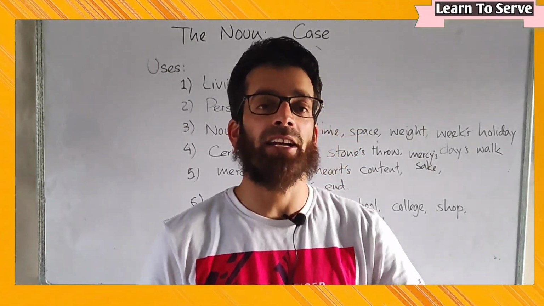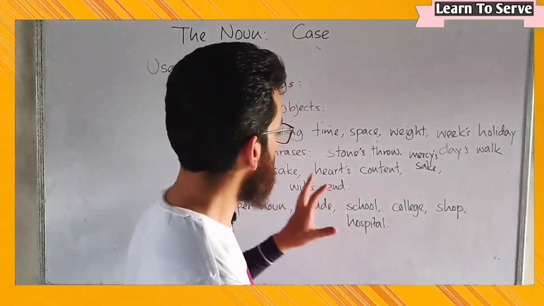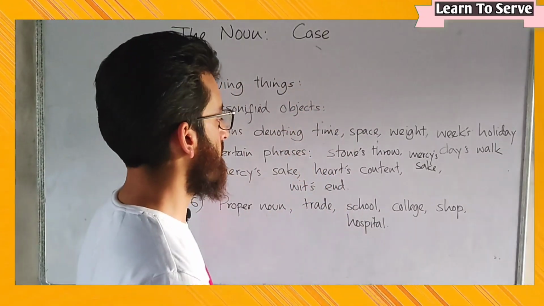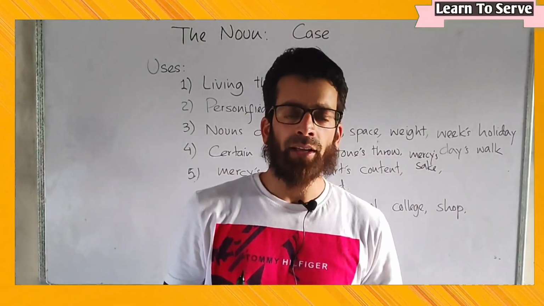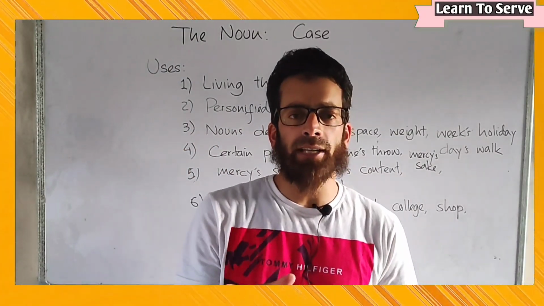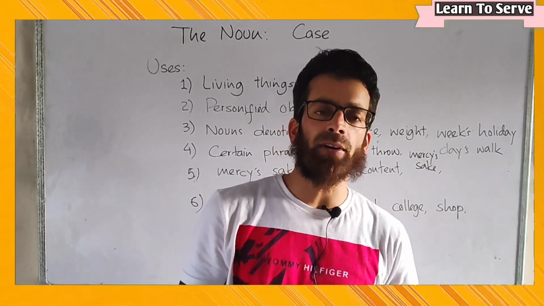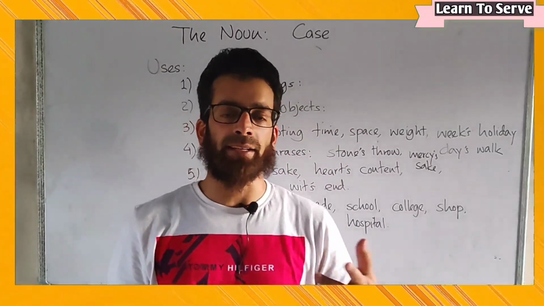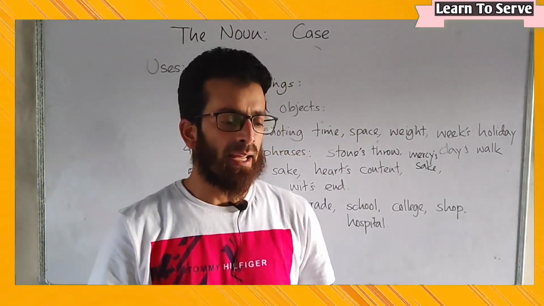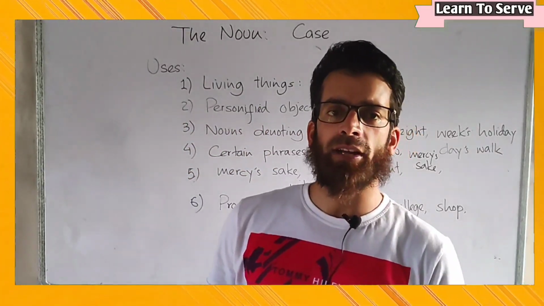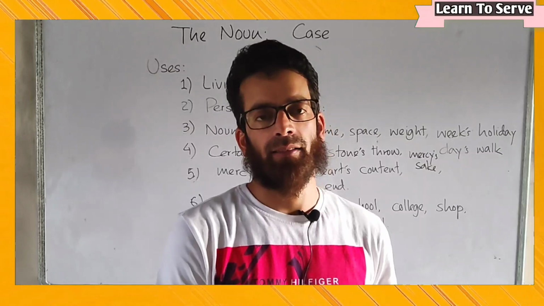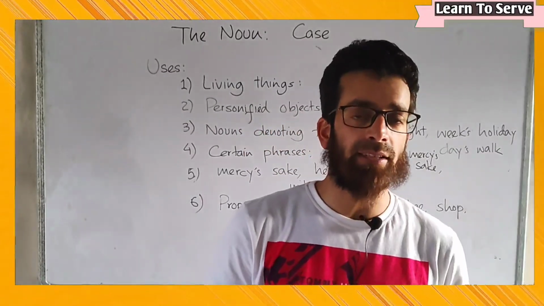Although we have exceptions, and we are going to discuss them afterwards, first you have to remember the possessive case is strictly used for living things. For example, you can say the man's arm. You can say the horse's leg. You cannot say table's leg. You can say the leg of the table. So you have to remember this. Keep this in your mind.